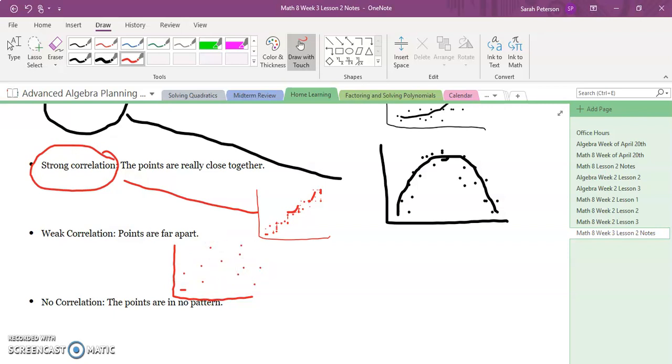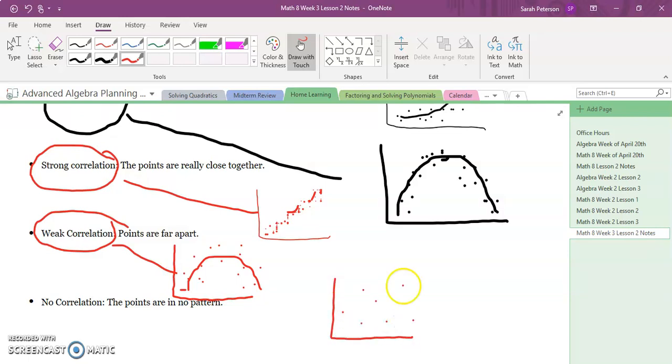That means my points are going to be far apart, but you can still see it forms a curve. So that would be a weak correlation when the points are really far apart. A no correlation would look something like this. The points are all over the graph and there's no pattern. So that would be no correlation. It's either going to be stronger, weaker, or it's going to have no pattern at all, which would be no correlation.